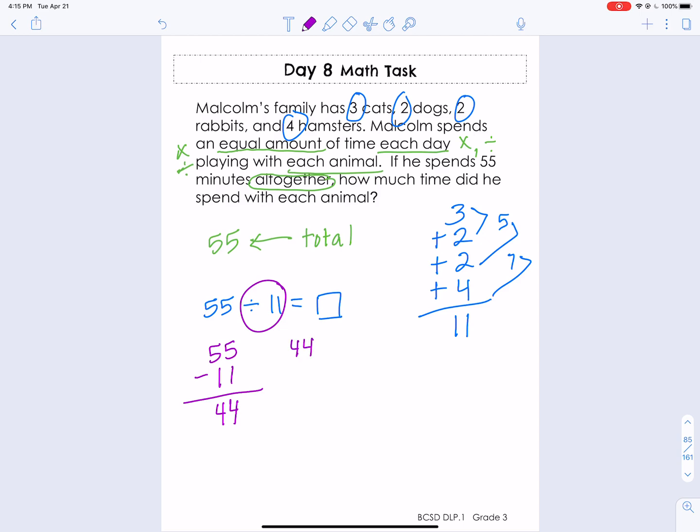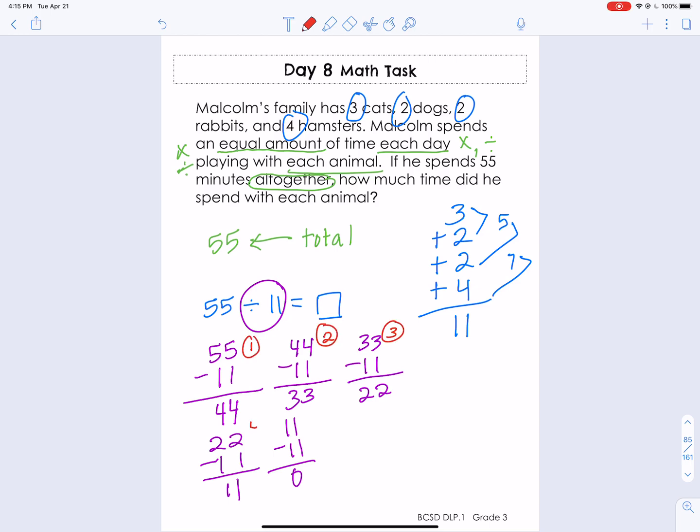So 44 minus 11, now I'm at 33. 33 minus 11 gives me 22. 22 minus 11 gives me 11, and 11 minus 11, oh, now I'm at 0. Now I need to count and see how many times I subtracted. 1, 2, 3, 4, 5. I subtracted 5 times. That means that my answer is 5.